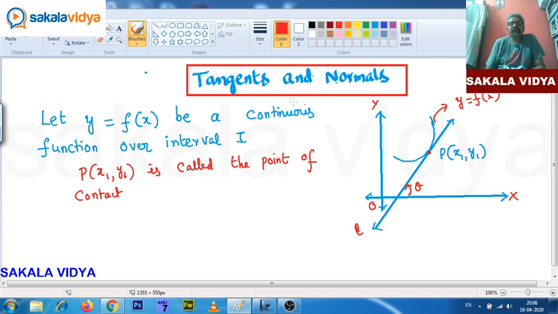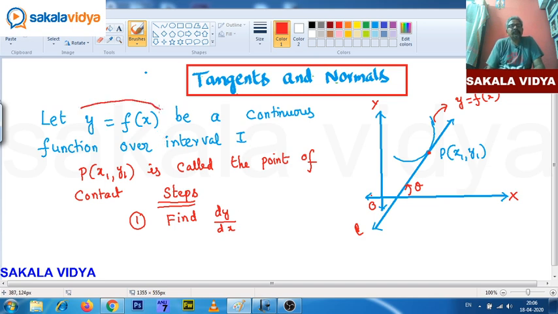Now, how to find the tangent to y is equal to f of x? First, you need to follow these steps. Step 1: find dy by dx, that means the derivative of this function, f dash x.